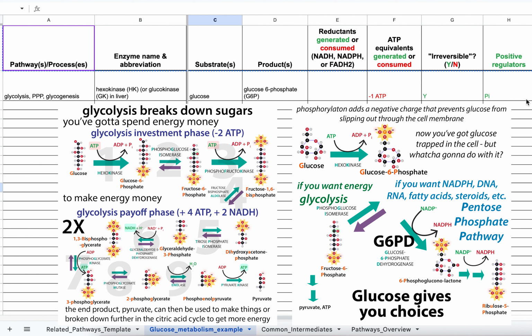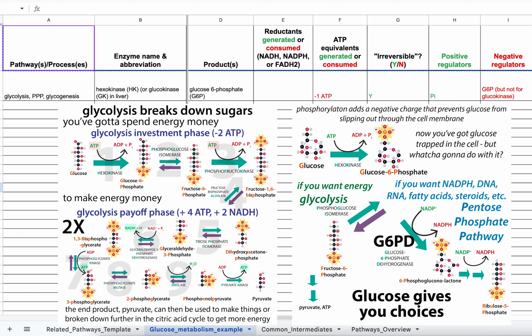So instead, we can regulate them allosterically, so we can write down the allosteric regulators, both positive and negative, as well as hormonally. So if we say insulin increases the localization of glucose importers to the plasma membrane, or we have a hormone that phosphorylates one of the enzymes involved, or that leads to a signaling cascade that phosphorylates one of the enzymes involved.